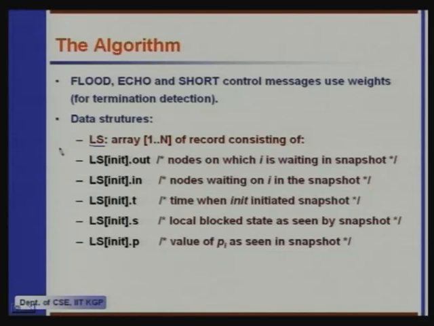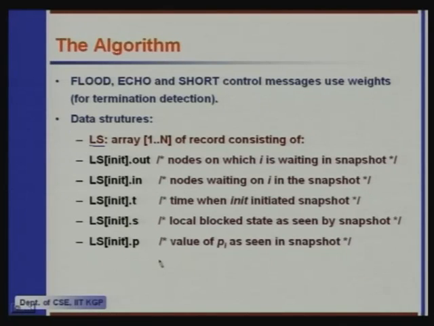So, at every node it wants to take the snapshot of that node. So, what is that snapshot it wants to take? It wants to see what are its outward dependencies at that point of time, what are its inward dependencies at that point of time, what is the time at which this snapshot was initiated, what is the state of that process when the snapshot is taken, that is blocked or unblocked, and what is the value of p at that point of time.